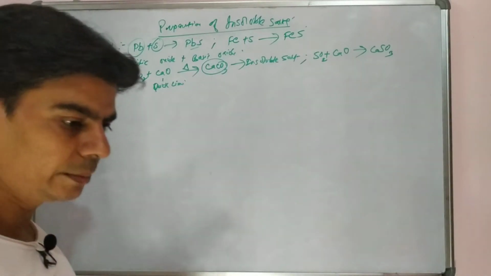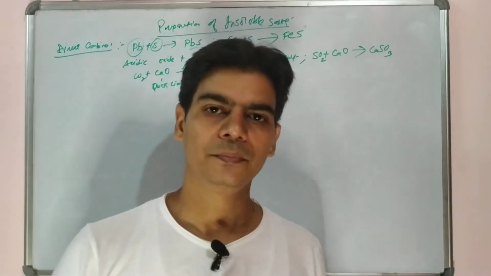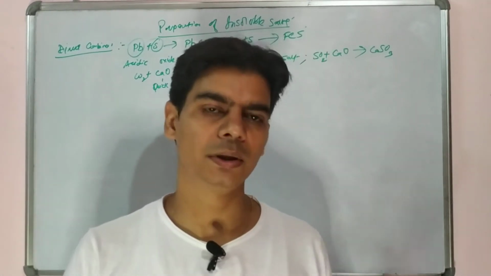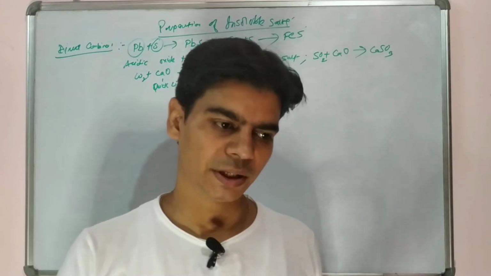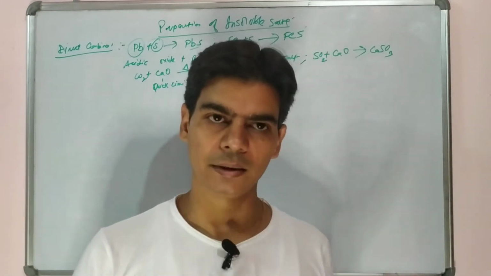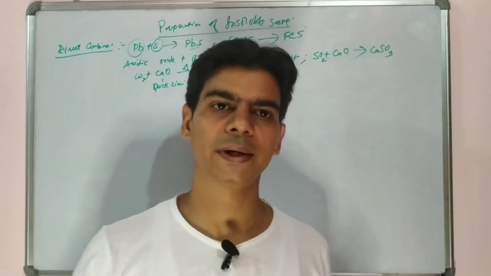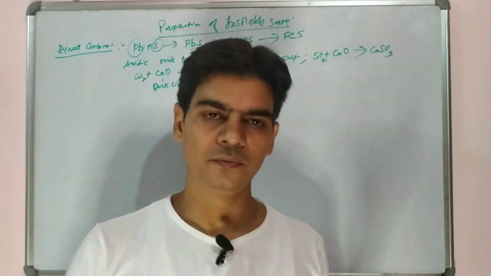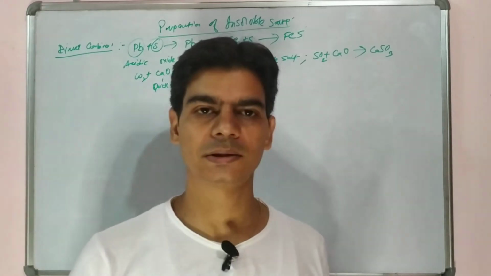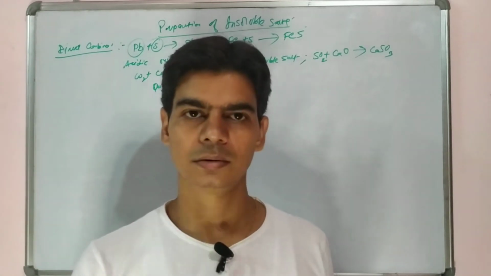Now there is another method that we have already studied. It's called the precipitation method, or double decomposition method. Precipitation we are aware of, wherein two solutions are mixed together to give you a solid product that settles down at the base of the beaker.